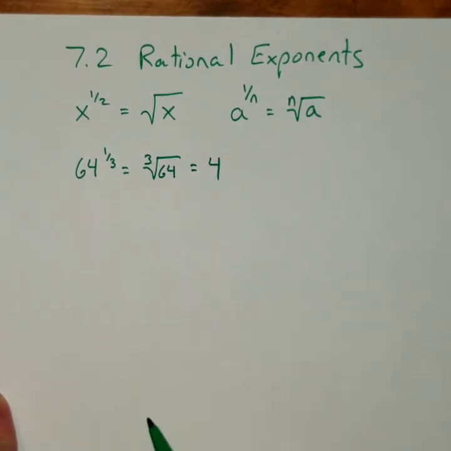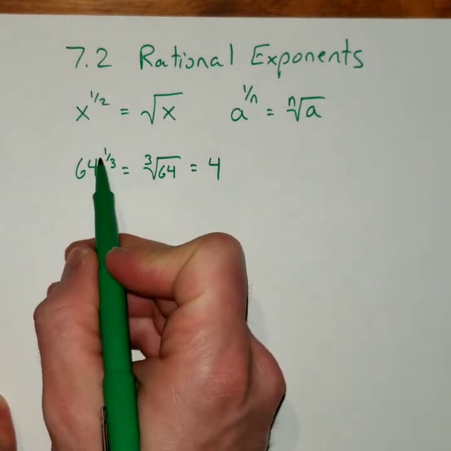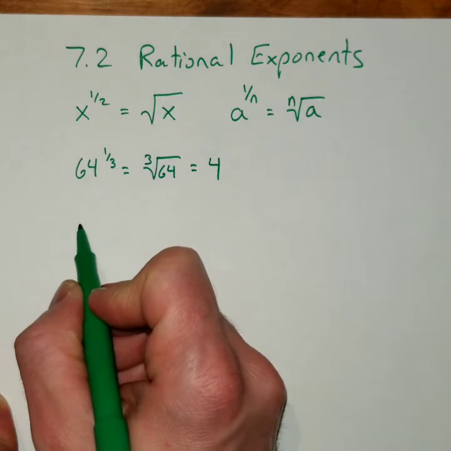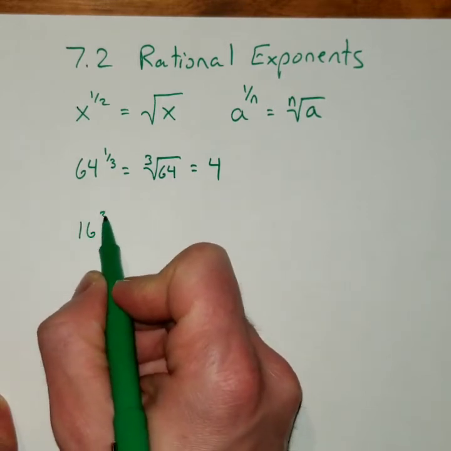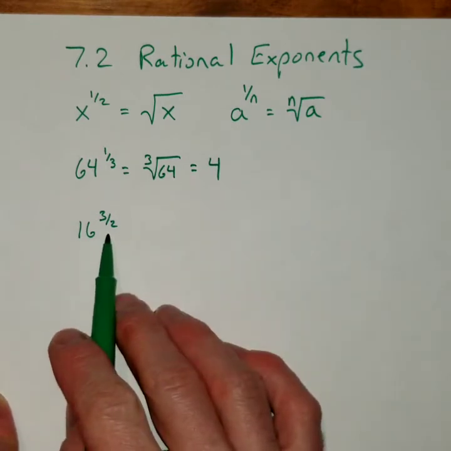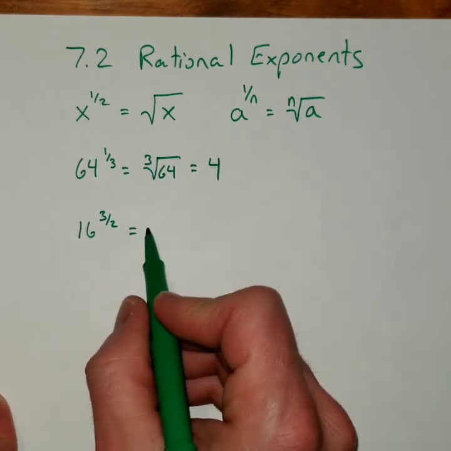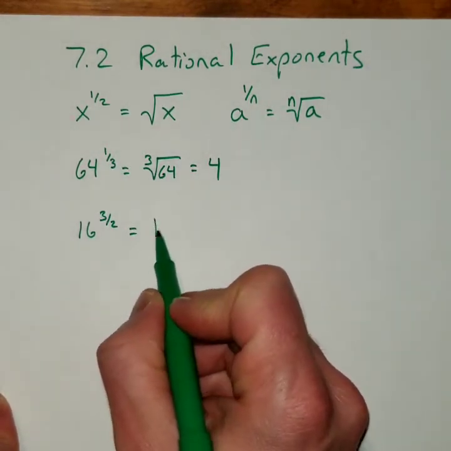Another example, and this gets a little bit more tricky, is when the numerator is not 1. So something like 16 raised to the 3/2 power. The half we already know to be a root. But to figure out what happens with the 3, I'm going to split this up.